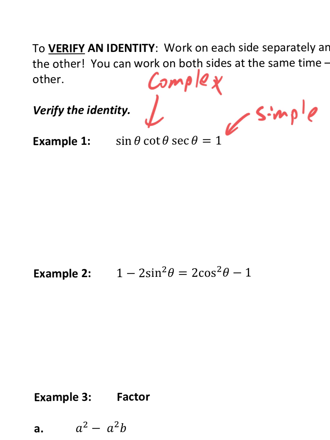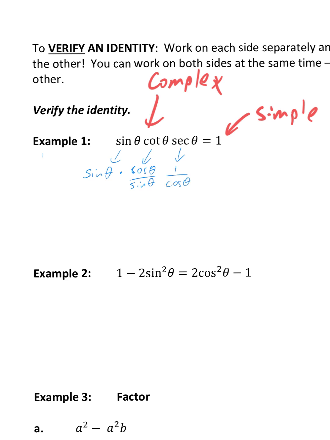Let's take a look at how. So let's transform some of these functions. So let's leave sine theta alone. That one's pretty good by itself. Cotangent theta, let's make into cosine theta over sine theta. And how about secant theta? This is 1 over cosine theta.